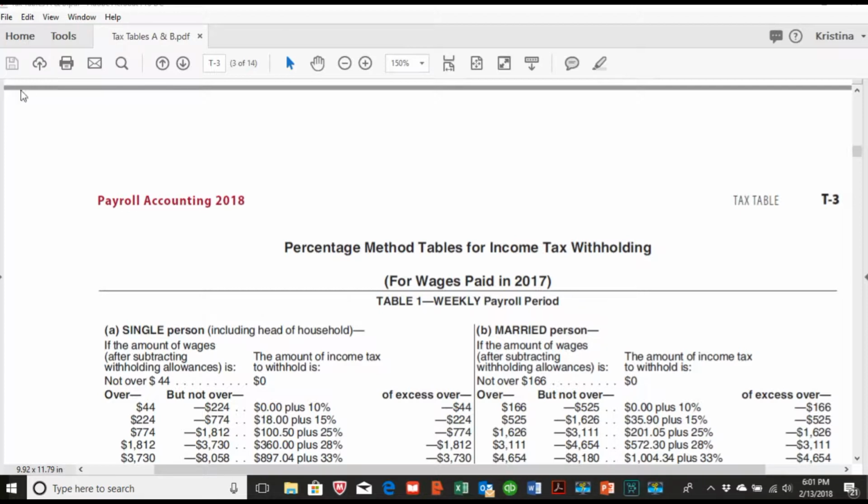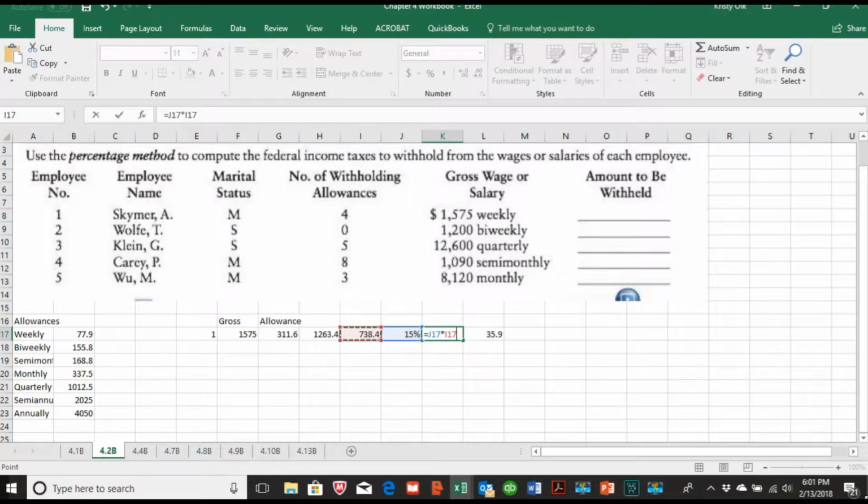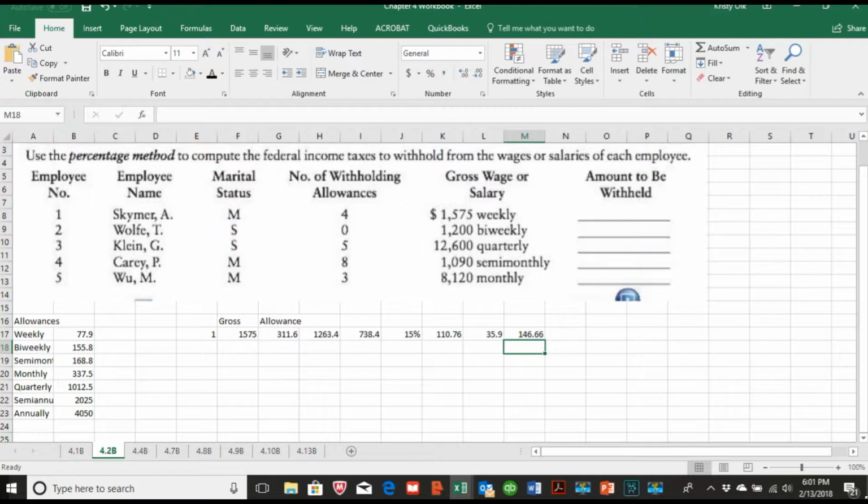So I will move this out of the way so we can get back to the spreadsheet. So we have to determine what the excess is over 525. And it's 15% of that plus 35.90. So 15% of 738.4 plus 35.90 gives us $146.66 that is going to be withheld from his paycheck.